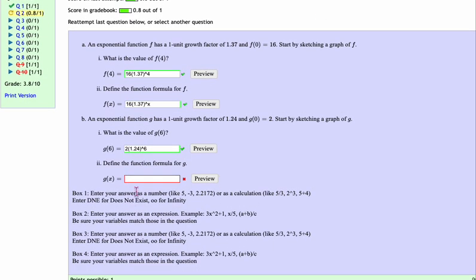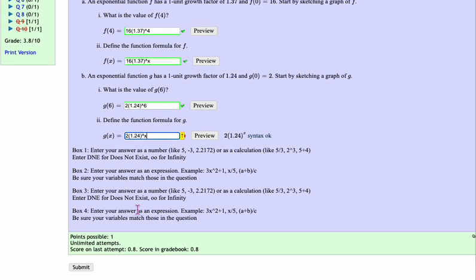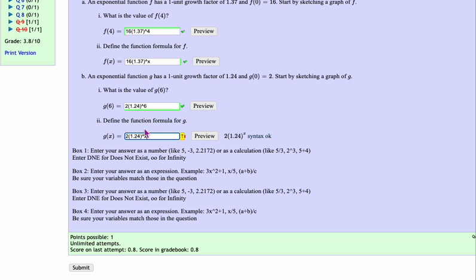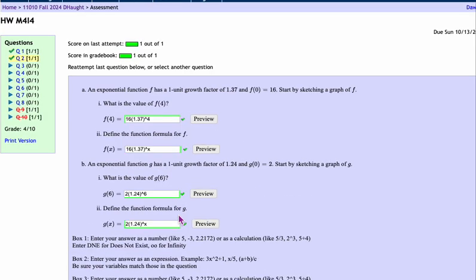And now let's take out the 6 and replace that with an x. So mine's 2 times 1.24 to a power of x this time. We want a generalized formula. So remember, the front number is always your g of 0, f of 0, your starting value, or if they say your starting population, and this is your growth factor to a power of x. So that's getting you started.